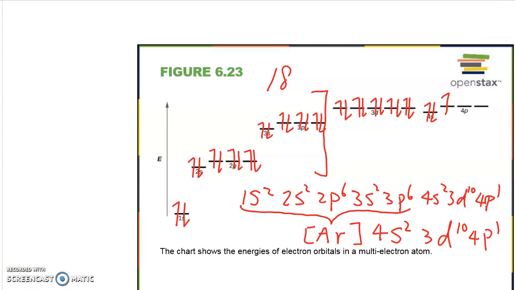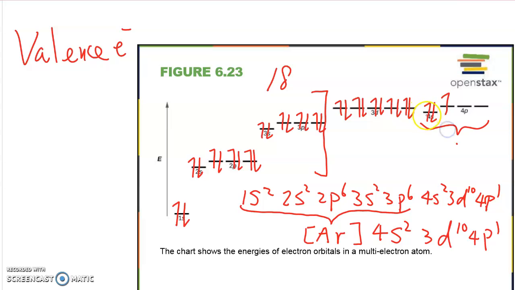There is a new term. It's called the valence electron. That means the outermost principal energy level electron. Which one is the outermost principal energy level? Is it the 4p over here? Yes, it's energy 4. And what about here? This one is 4s over here. So this one altogether is called the valence electron.